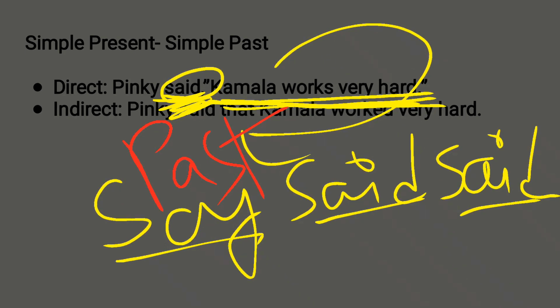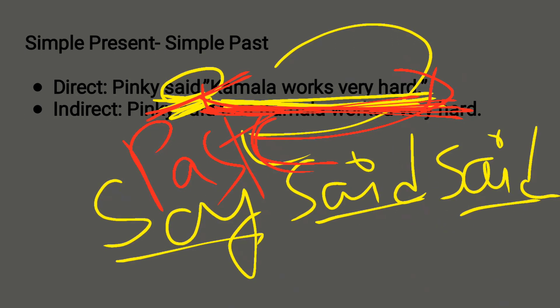I'm revising it again, okay? I'm telling you again, so just listen to it. Whenever the reporting verb is in past tense, that means whenever there is said in the sentence in direct speech, then the verb in the reported speech, here this is our reported speech, the verb is in the present tense and it will change into past tense.